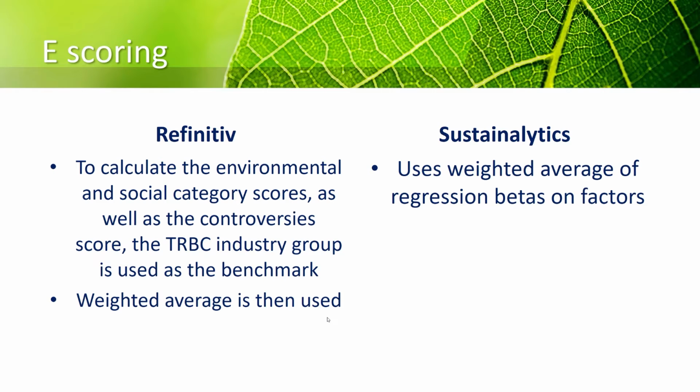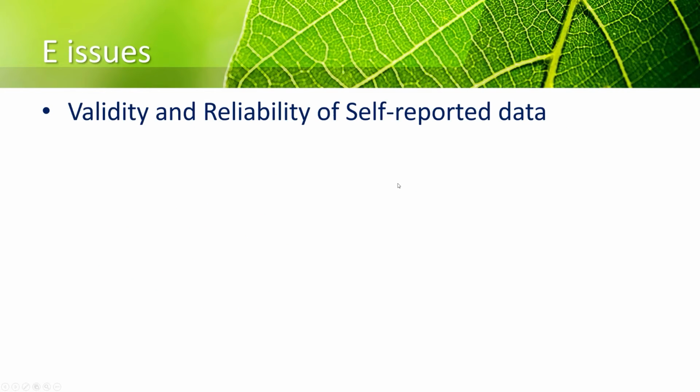Sustainalytics uses regression analysis. Regressing, it is implied, each item on some dependent variable. We're not told what the dependent variable is, and then it uses a weighted average of regression betas from the factors. We're not told what the weighted average is.